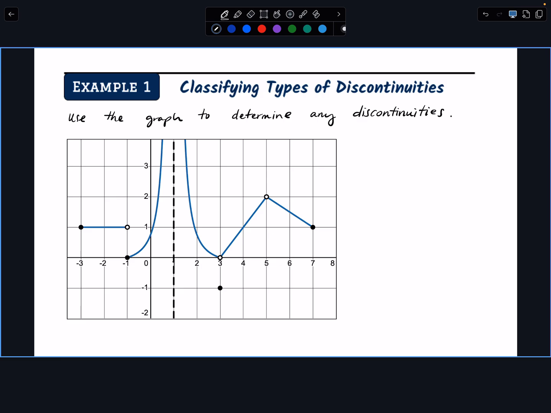So what you're basically looking for, guys, is what you guys just talked about with me. Does there appear to be any jumps, any asymptotes, or any holes? And if there are, we want to say what they are.